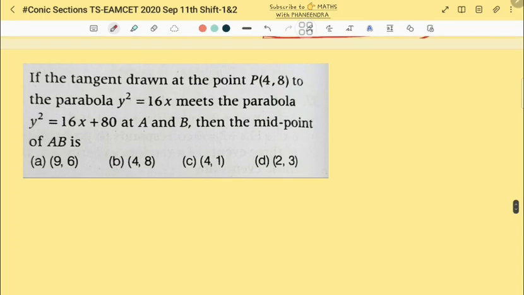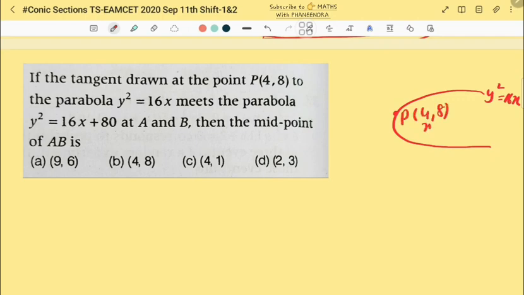Here the question is, if the tangent drawn at the point P of 4, 8 to the parabola y square equal to 16x meets the parabola y square is equal to 16x plus 80, so the figure will come like this, dear students. This is the parabola y square is equal to 16x. Here point P is there, P of 4, 8.